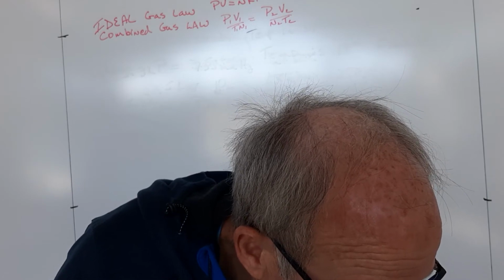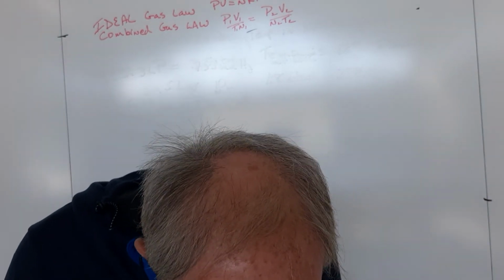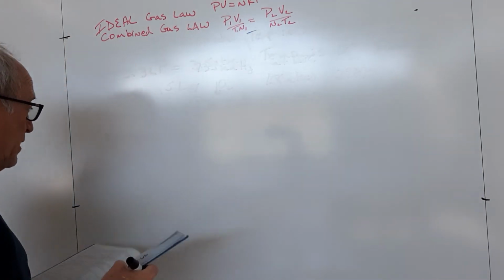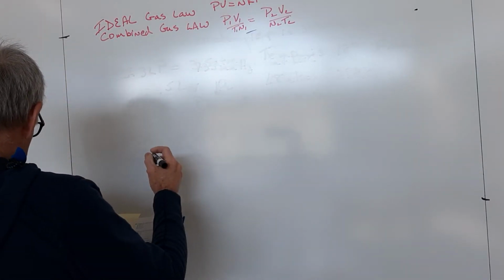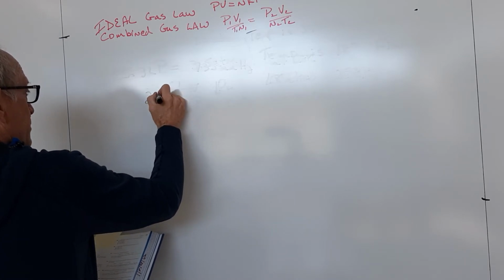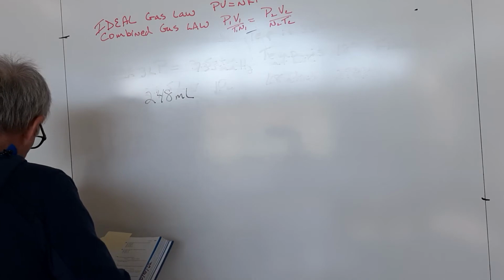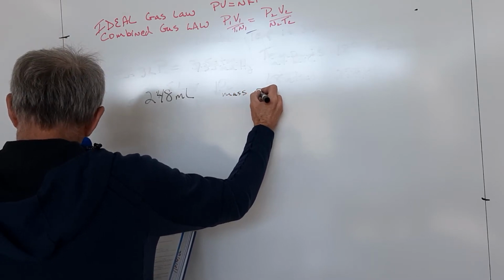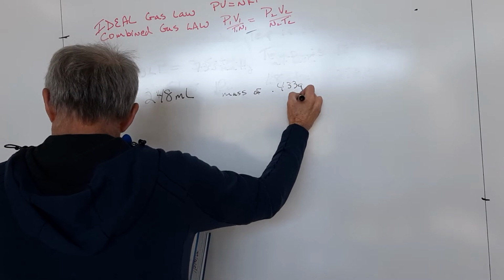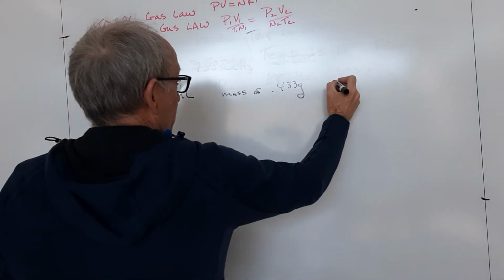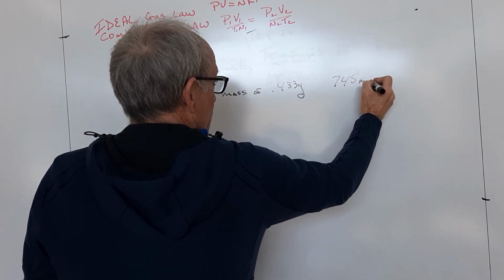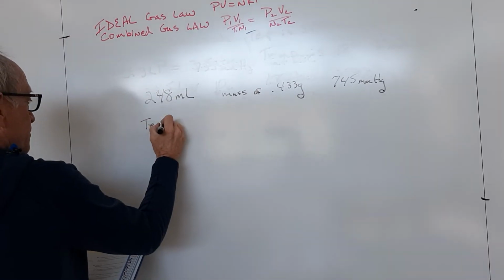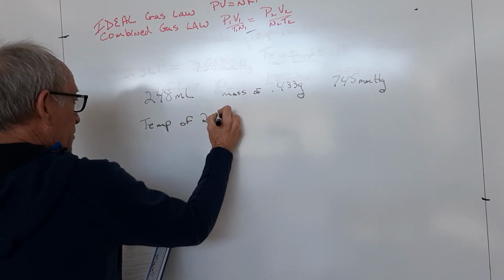Oh boy, hope not. 69. An experiment shows that 248 milliliters of a gas sample has a mass of 0.433 grams at a pressure of 745 millimeters of mercury, this is my pressure, and a temperature of 28 degrees Celsius.